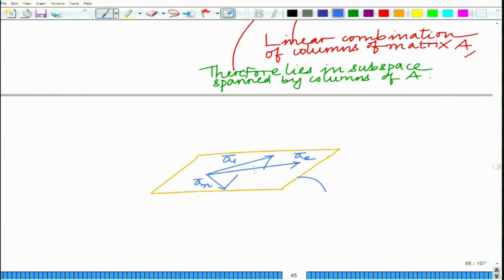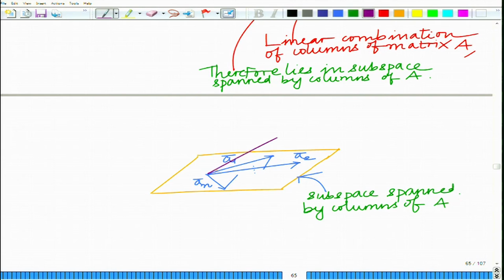Let us say this is the subspace spanned by columns of A, and you have your vector y bar, which does not necessarily lie in the subspace, and you are trying to form an approximation which lies in this subspace.